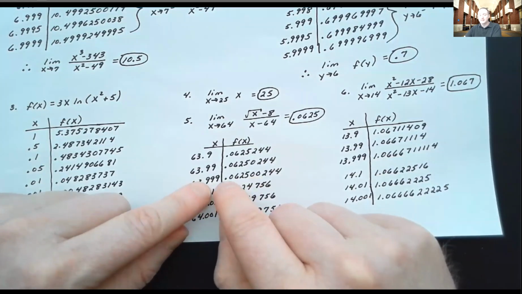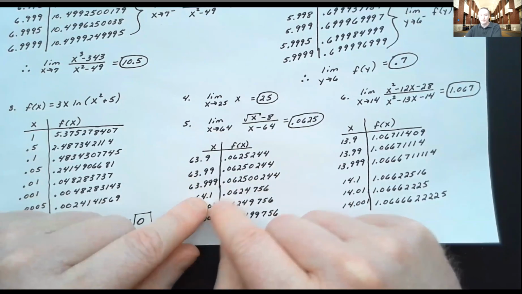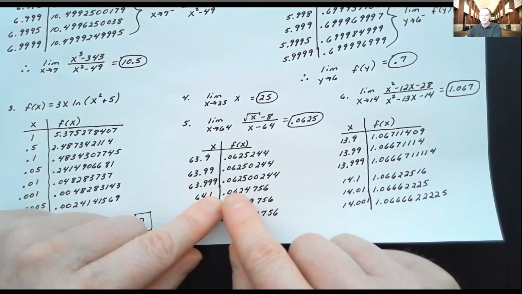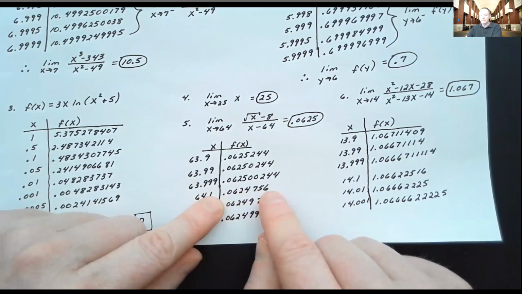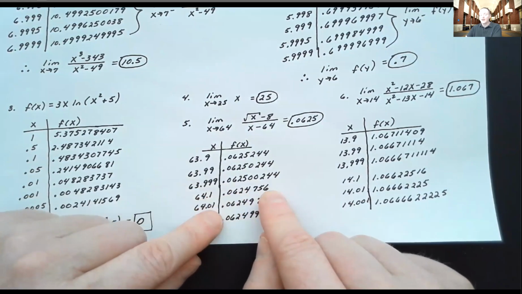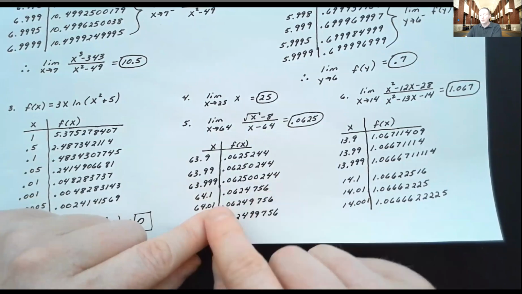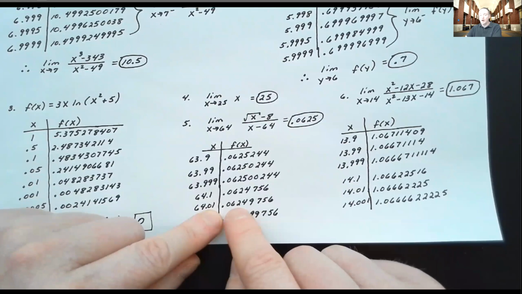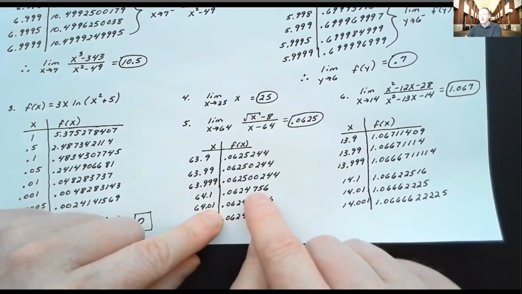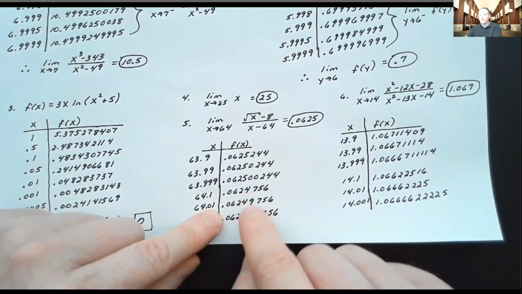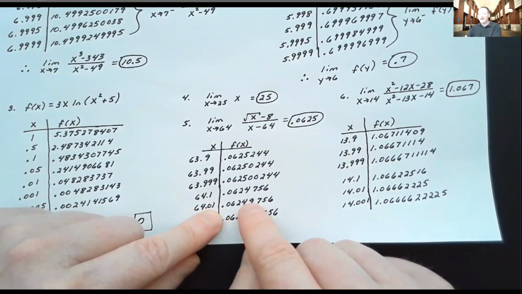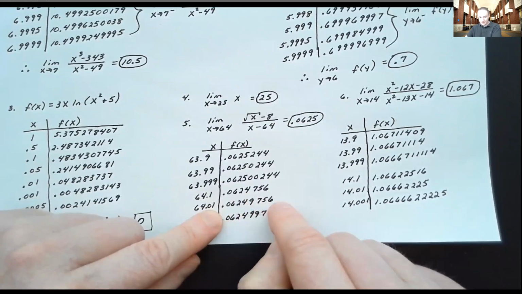Now, is it the same thing from the right-hand side? You bet. When we go 1/10 of a unit to the right, 64.1 gives me 0.0624756. When I got 10 times closer and it was only a 100th of a unit to the right, my y value is 0.0624. And then please notice between this 4 and the 7, you have a 9. So I get 0.0624976.